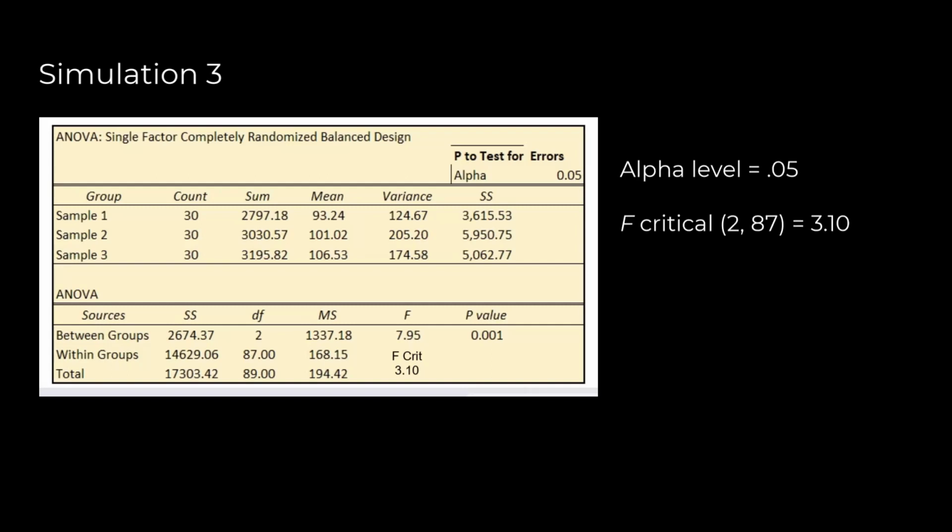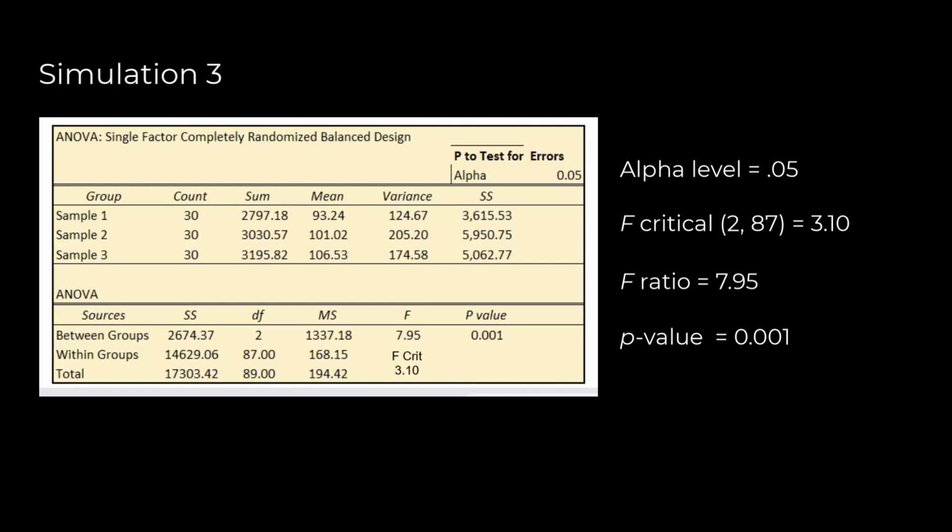The F critical value for samples with 2 and 87 degrees of freedom and an alpha level of 0.05 is still 3.10 because the between group and within group degrees of freedom have not changed from our previous simulations. For this analysis, the F ratio is 7.95. This exceeds the F critical value of 3.1. The p-value associated with the F ratio of 7.95 is 0.001.